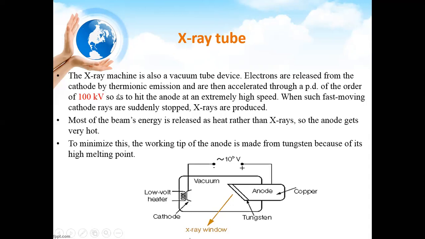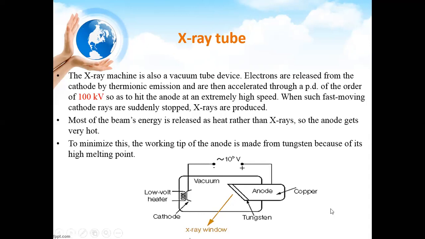It's very high. It is higher than what we learned about cathode rays, about 20 times higher. So when you apply this, it is going to get very hot. In order to protect the device, we use tungsten wire here. To protect the anode, we use tungsten because it has a very high melting point.